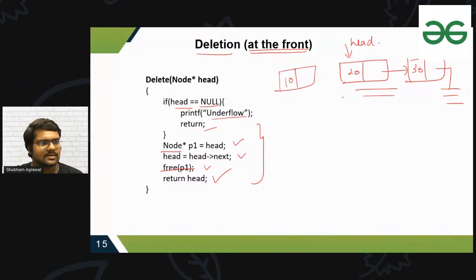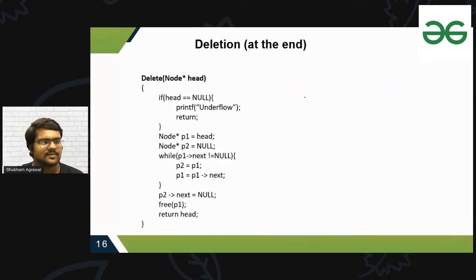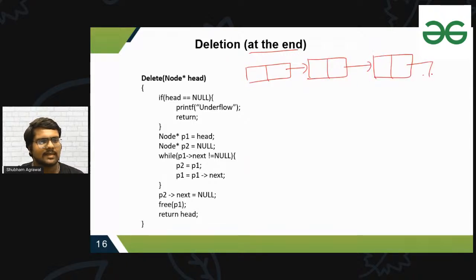Okay, so let's see how we can delete from the end of the linked list. Let's suppose we have a linked list of 3 elements, 10, 20 and 30, with head pointing to the first, and we want to delete the last node. Here head is not equal to null, so we will not print underflow and this condition will be false.